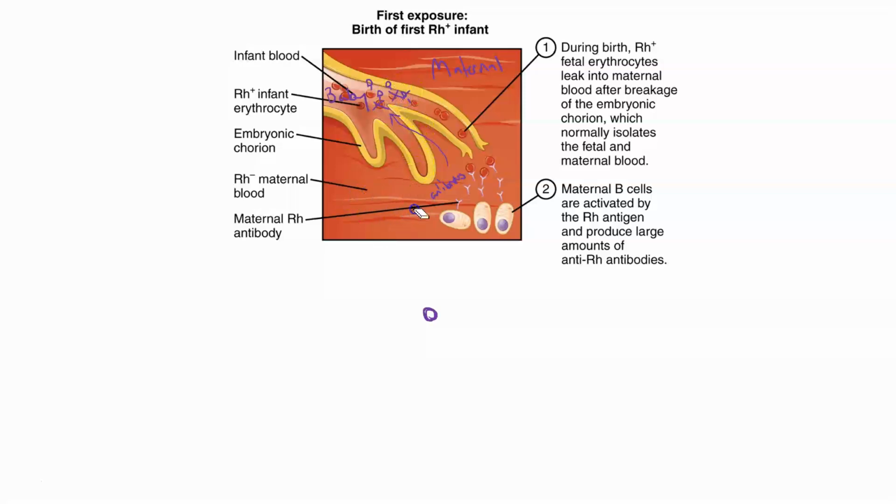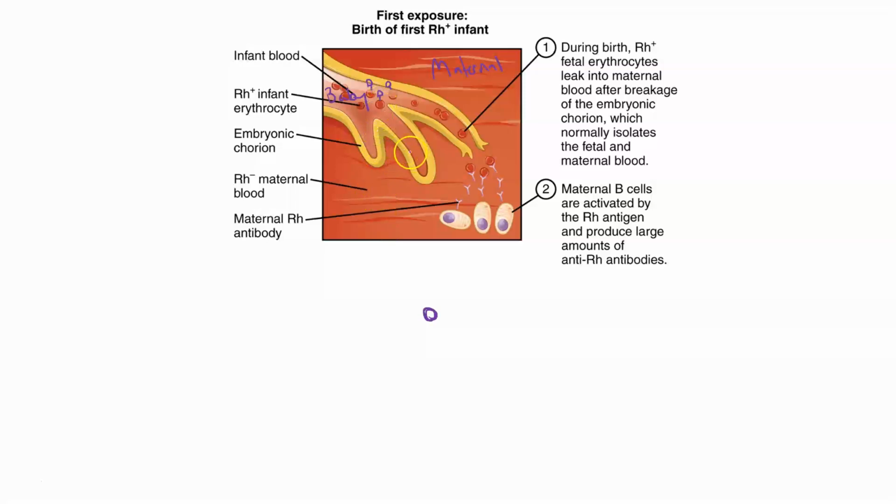But on a first pregnancy, that's not the case because remember, D antibodies have to be exposed to the antigen before they start getting made in mass quantities. So this is fine because the fetal blood that has the D antigen is kept separate from the maternal blood that does not have the D antigen.